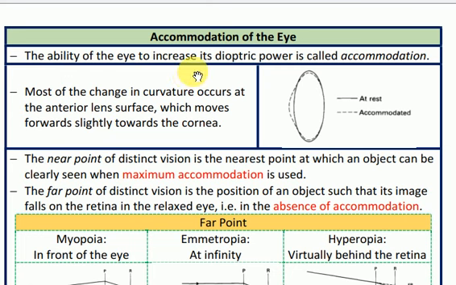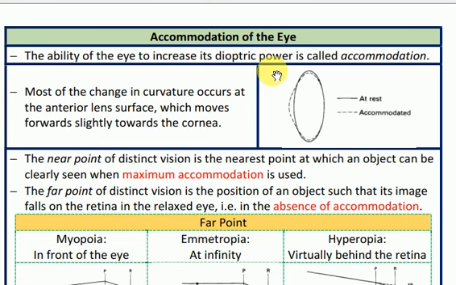This problem is overcome by the ability of the eye to increase its dioptric power. The crystalline lens is held suspended under tension by the suspensory ligament which attaches it to the ring of ciliary muscle.